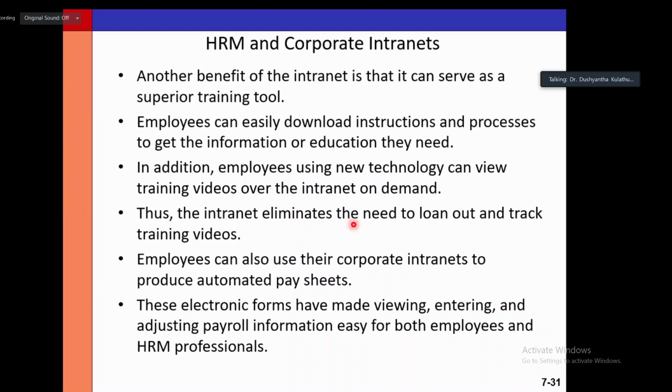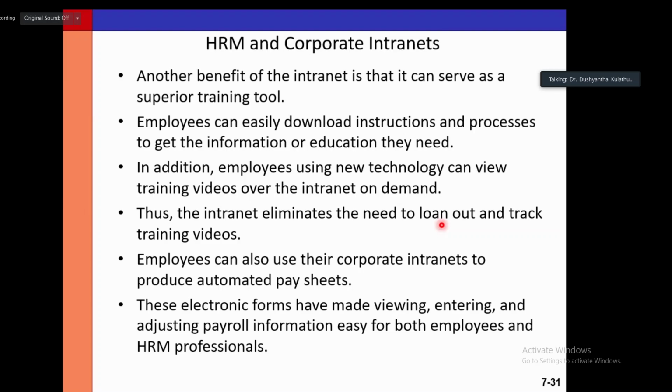Thus, the intranet eliminates the need to loan out and track training videos. Traditionally, this is the process that has to be followed by the employees. Loaning out means basically borrowing the videos, and videos may be placed at a particular place. It can be a library or a particular division or section within the HR department, and you have to borrow.